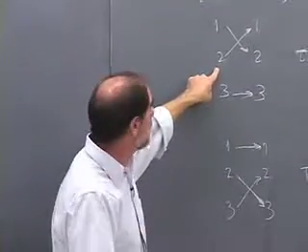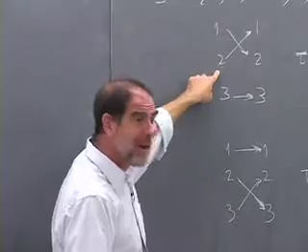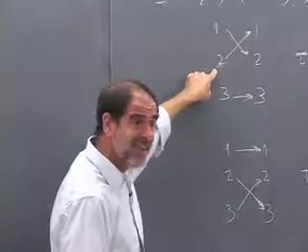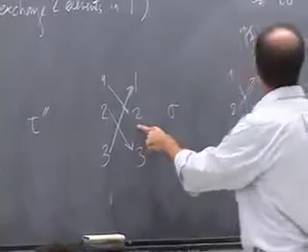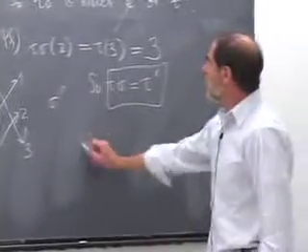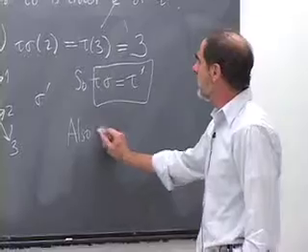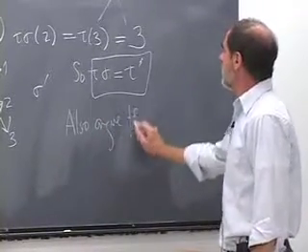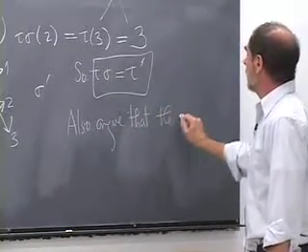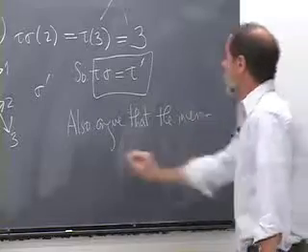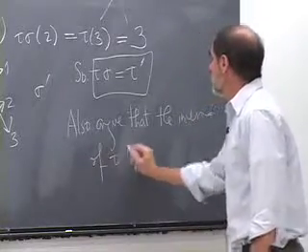Inverses are unique. The only possible thing that when you multiply by tau, you get back to the identity is tau. Sigma doesn't look like tau. Very good, so the inverse of tau is equal to tau.